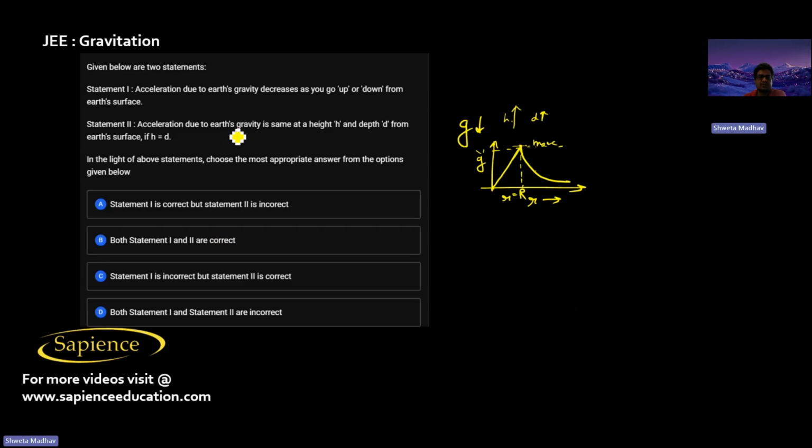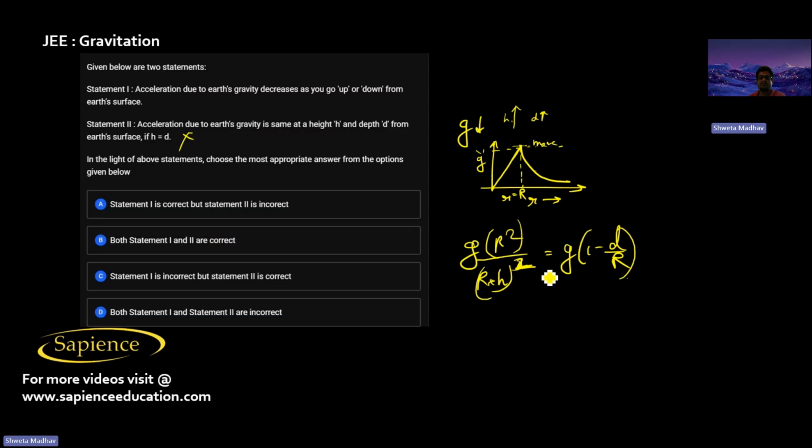And statement 2 is: acceleration due to gravity is same at a height h and at a depth d from the Earth's surface if h is equal to d, which is false. This is false since acceleration due to gravity at a height is given as g into R square by (R plus h) whole square, and that should be equal to g into (1 minus d by R).